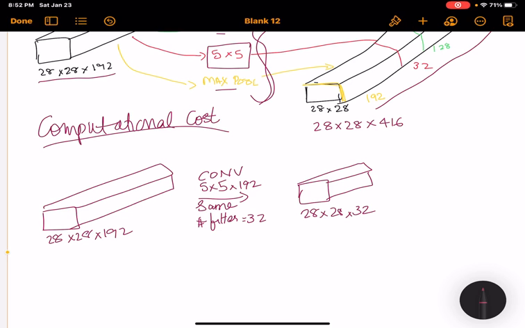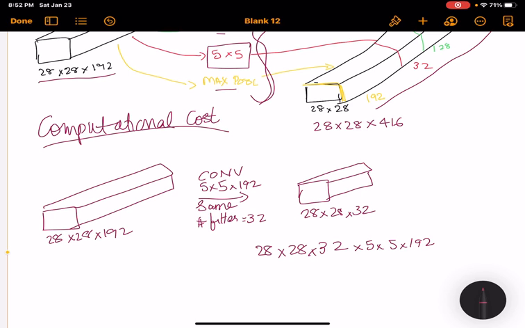So here, as you can see, the output size is 28 cross 28 cross 32. That means we need 28 cross 28 cross 32 numbers, and for each of those we need to do 5 cross 5 cross 192 multiplies.